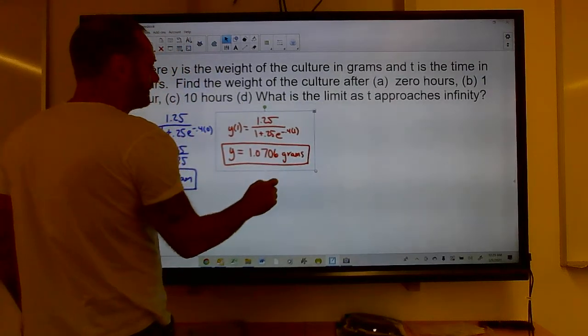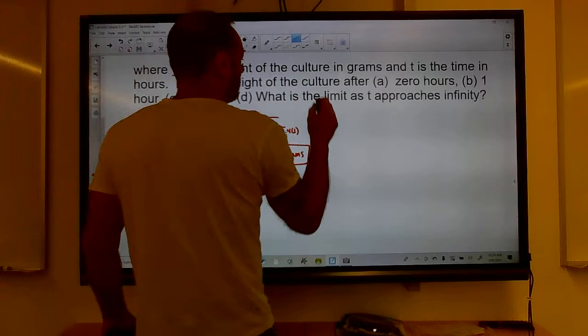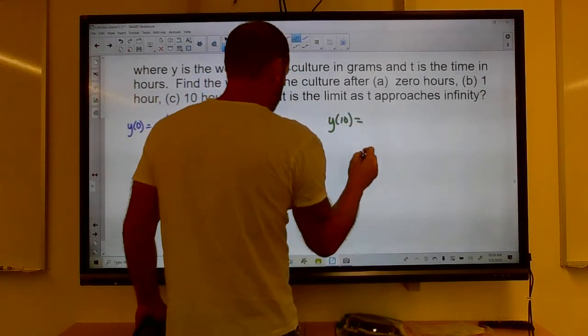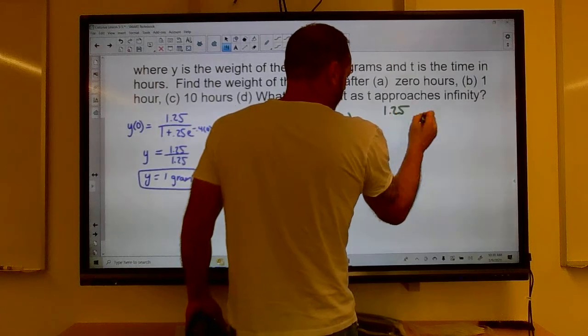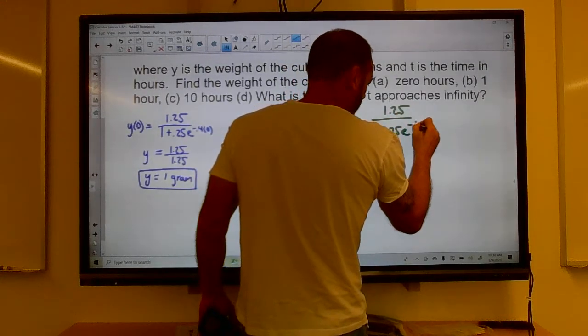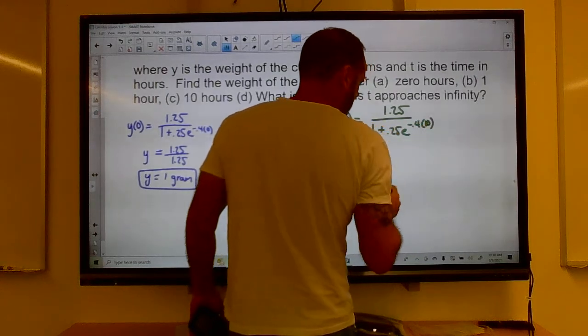Now let's look at 10 hours. So y of 10, 1.25 over 1 plus 0.25 e to the negative 0.4 times 10.